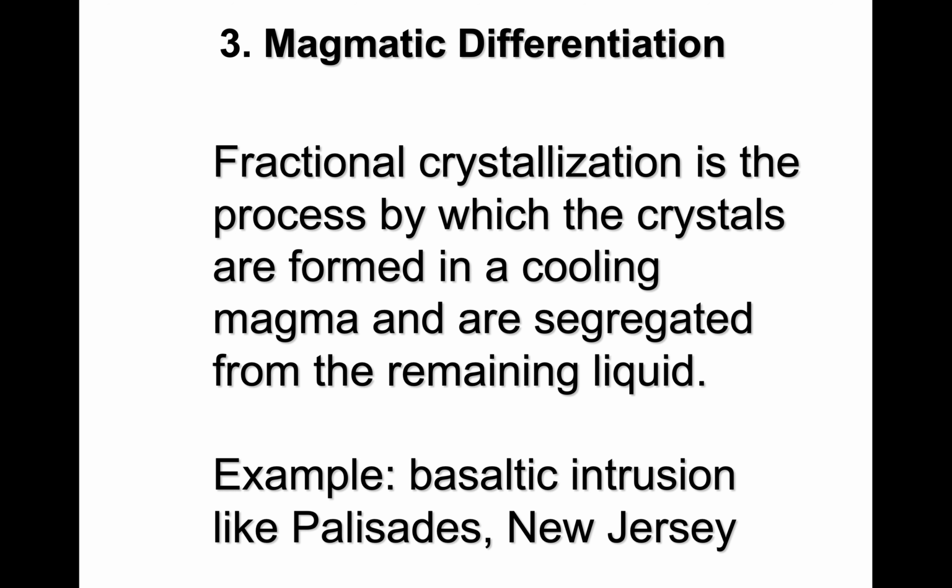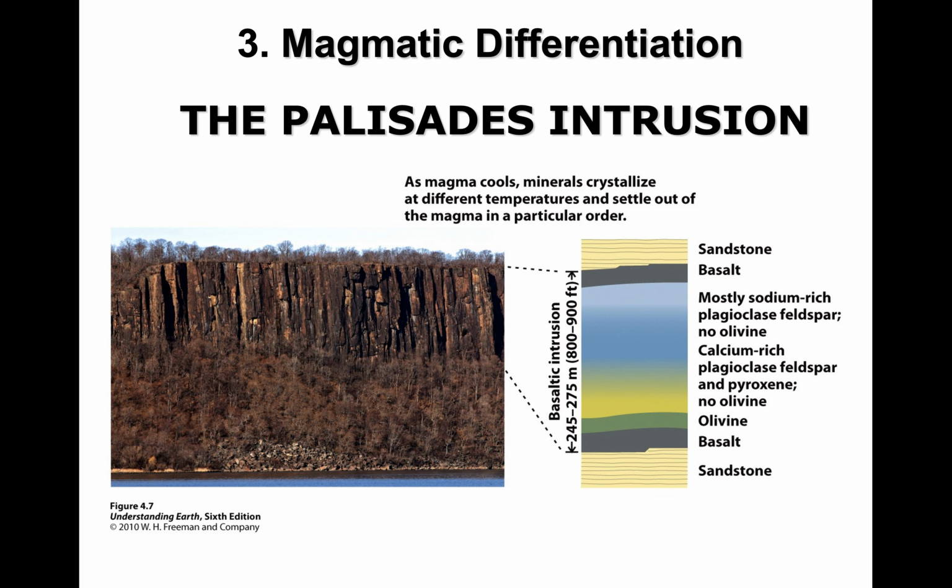An example of this is the basaltic intrusion like the Palisades in New Jersey. And there we have a nice picture, the picture from the outcrop, and there you can see a lot of columnar basalts, yeah. That is the basaltic intrusion there.